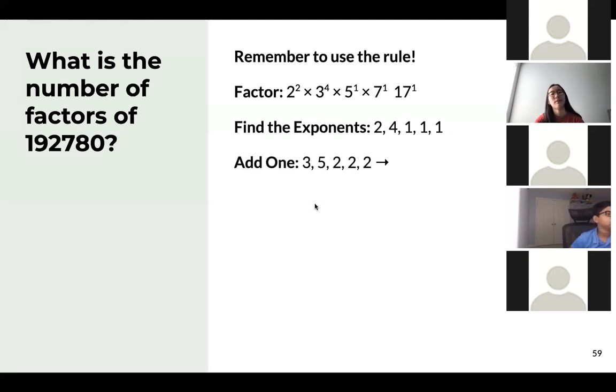So the exponents are 2, 4, 1, 1, and 1. So you add 1 to all of those, and then you multiply them all together.